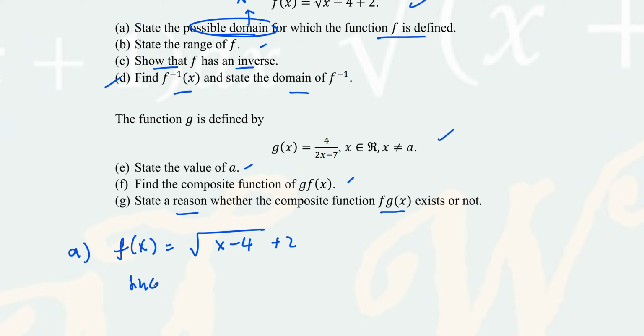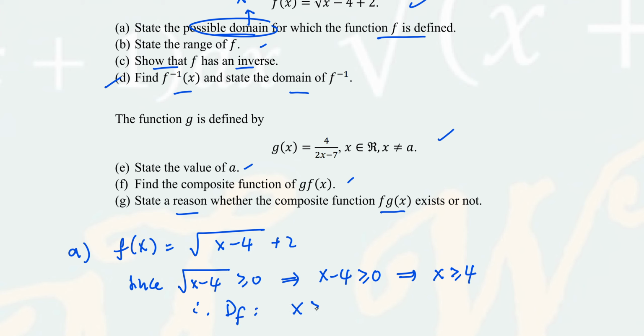Since the square root of x minus 4 is greater than or equal to 0, x minus 4 must be at least 0, because the square root of 0 is 0. Hence, my x must be at least 4. So this will be my domain: domain of f, x is greater than or equal to 4, whereby x is a real number. So done for the A.